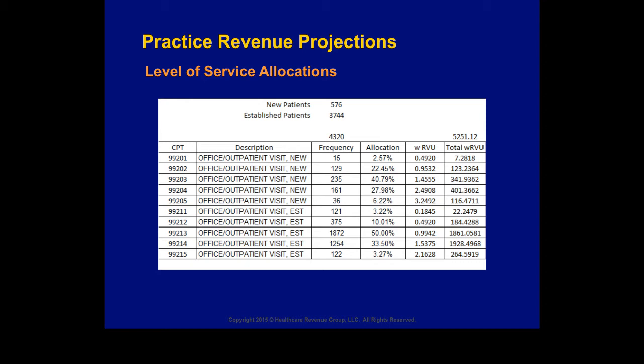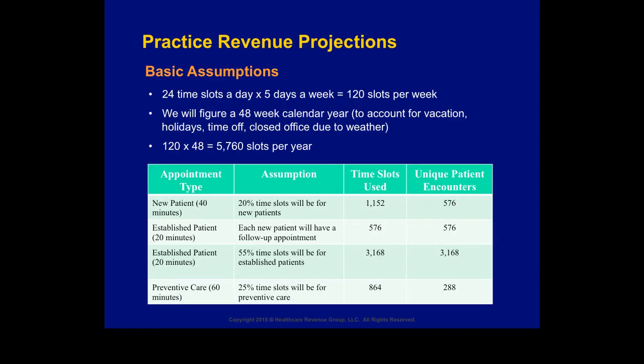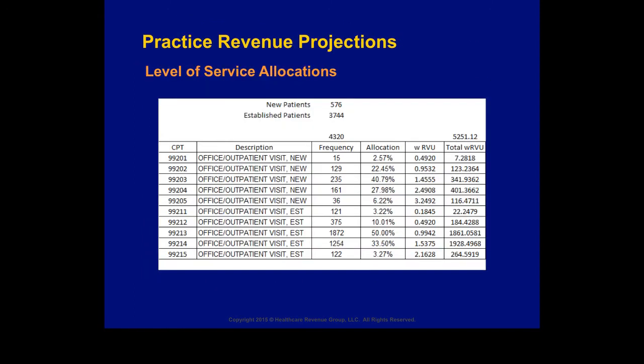Do that all the way down. Then I'm going to take the 3,744, which is the combination of those two numbers, my 3,168 and 576, both established patients. Those become my 3,744, and I'm going to multiply that by 3.2% for 121. 3,744 times 10% for 375, and so on.